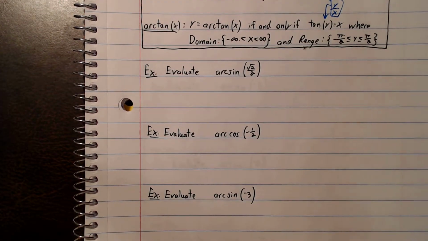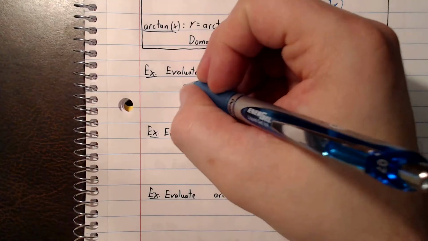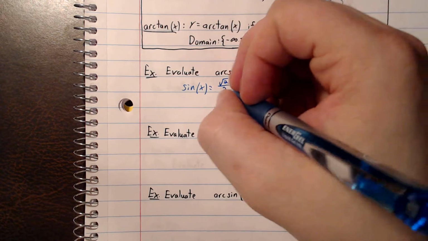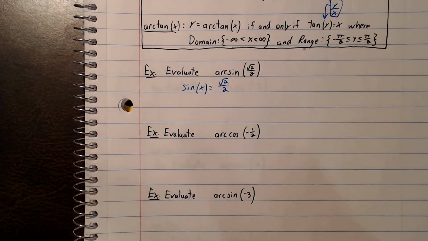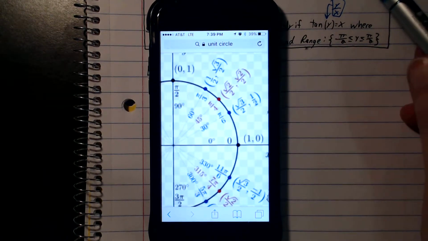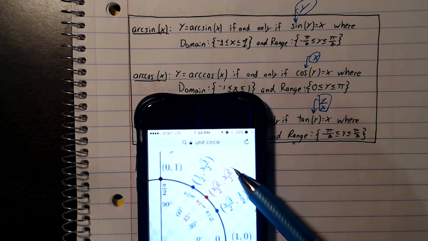Arc sine of root 2 over 2. I know that I'm able to change that to sine of x equaling root 2 over 2. So what am I doing? I need to look at my unit circle and figure out anywhere that y, you said sine was y, anywhere that y is root 2 over 2.